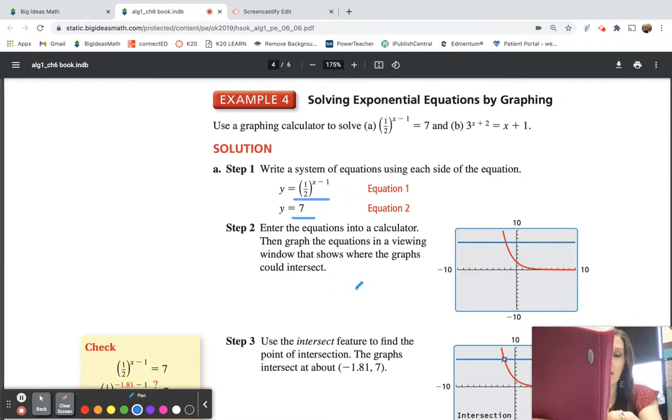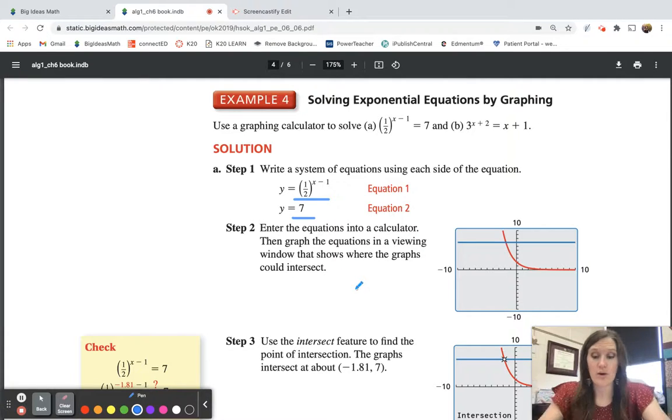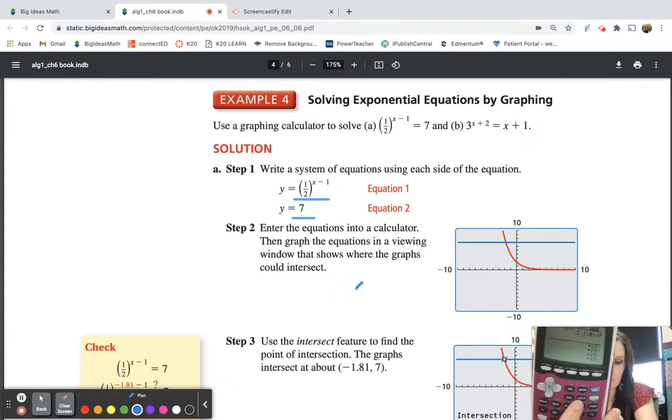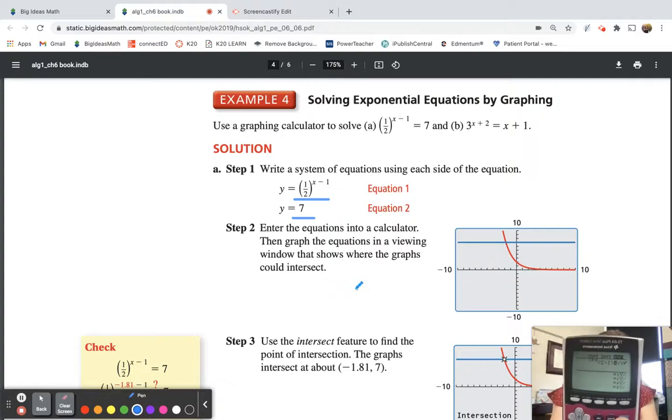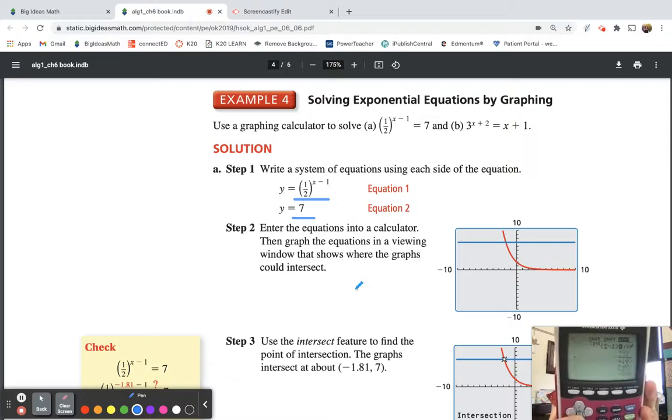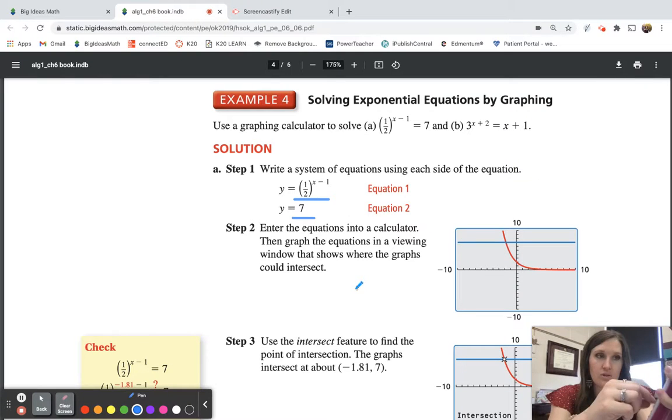Open parentheses, that's 1 divided by 2, close parentheses. Then I have to the x minus 1 power, so hit your up arrow and do x minus 1. The x is up here. So to the x minus 1 power. Then just hit your down arrow to the next line. And the other one was just y equals 7.